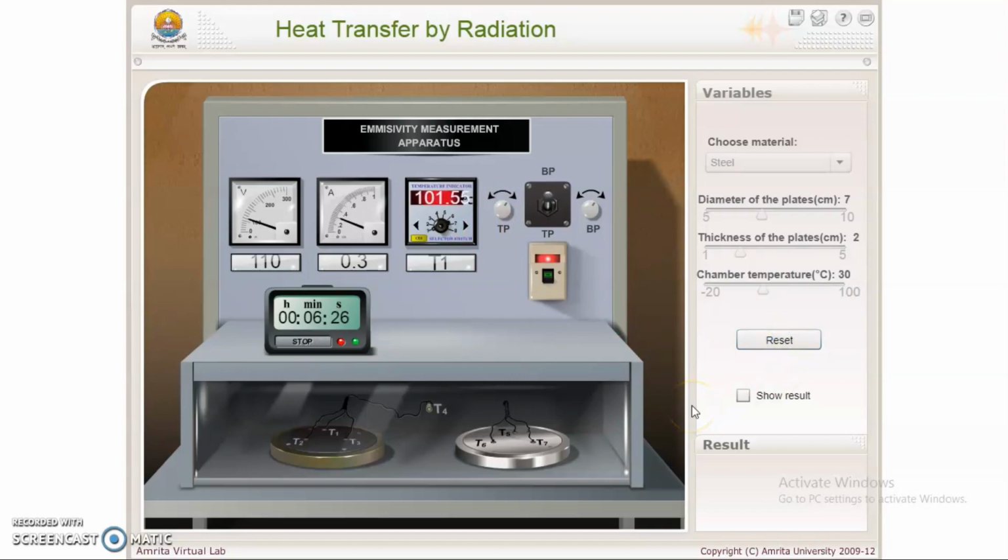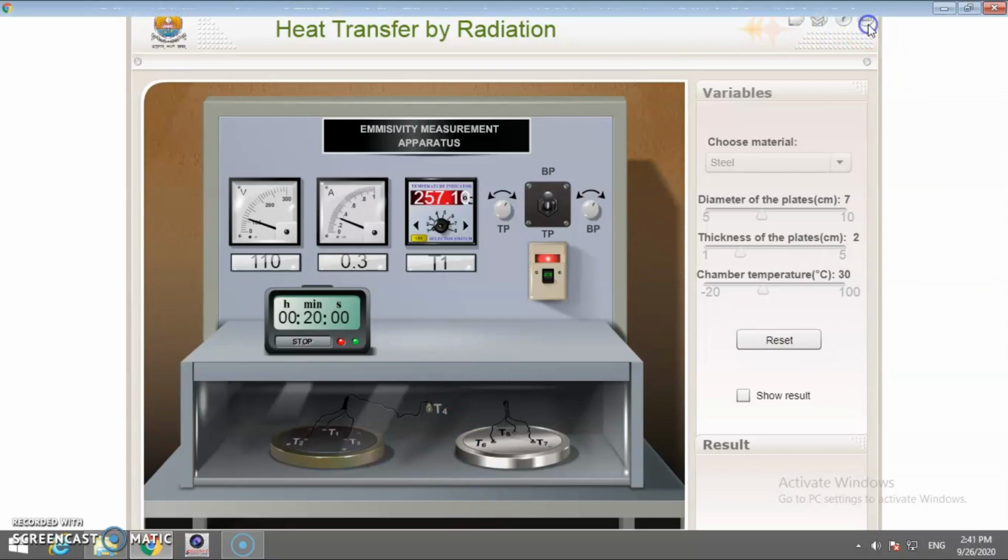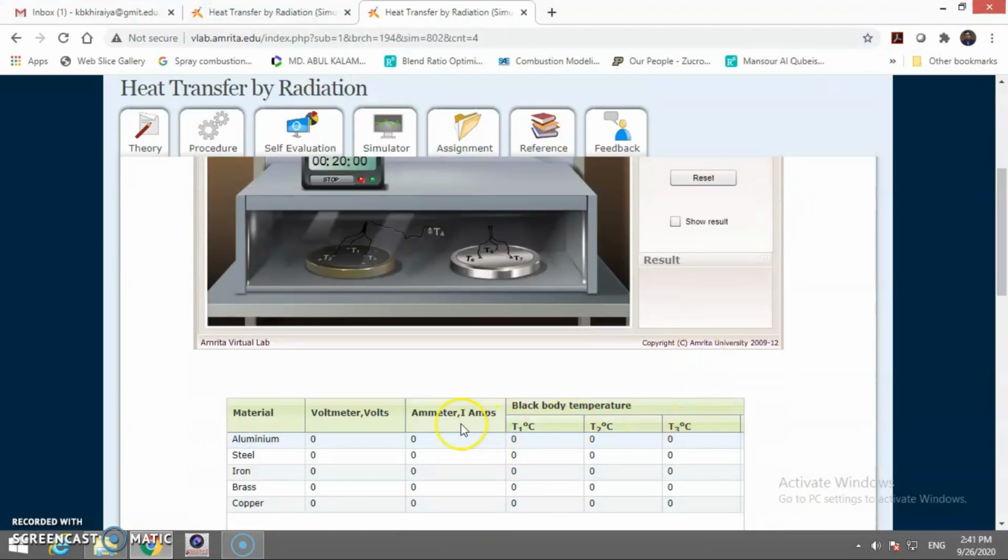Now we need to wait for the apparatus to reach steady state conditions. So after 20 minutes our apparatus will reach steady state conditions. Now we go for taking the different readings and note them down in our observation table.